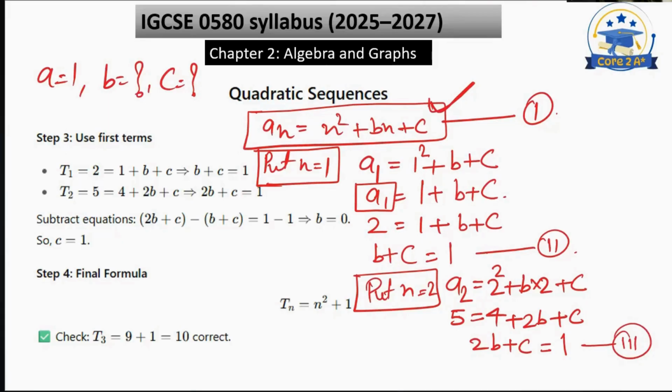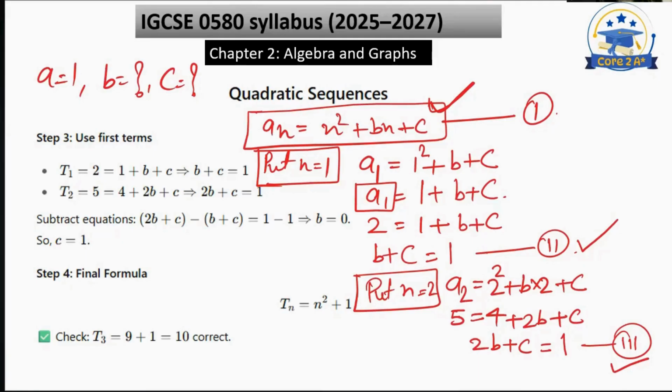Now, I think you have already solved equations 2 and 3. I mean, this looks like a pair of linear equations, if I'm not wrong, right? We already solved pairs of linear equations. So, can we solve this? If we have two equations, we can find the two variables.